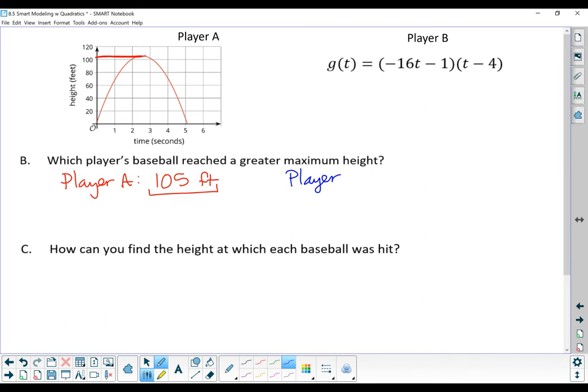All right, for player B, we have the 2 intercepts that we just calculated a minute ago, negative 1/16 and 4. To find the axis of symmetry, it's those 2 added together divided by 2. It's basically their average. So for player B, the x value of the vertex is going to be negative 1/16 plus 4, all divided by 2.